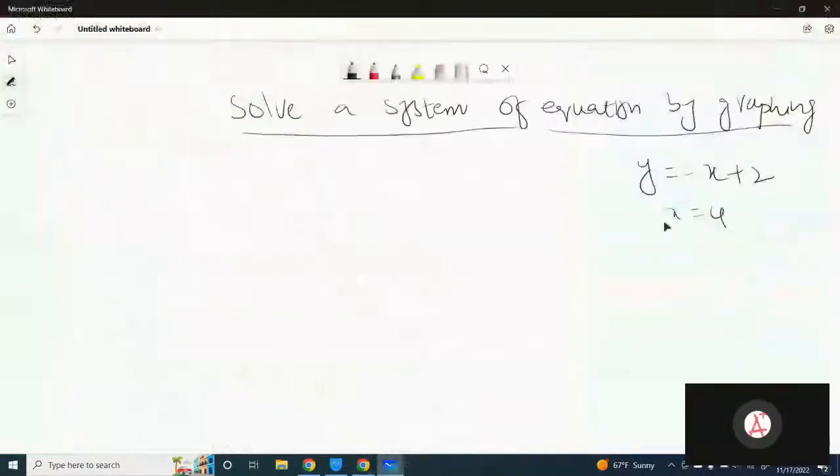First of all, you have to find the points for equation number 1. This is, for example, equation number 1. And this is equation number 2. So let's just find the points for equation number 1.